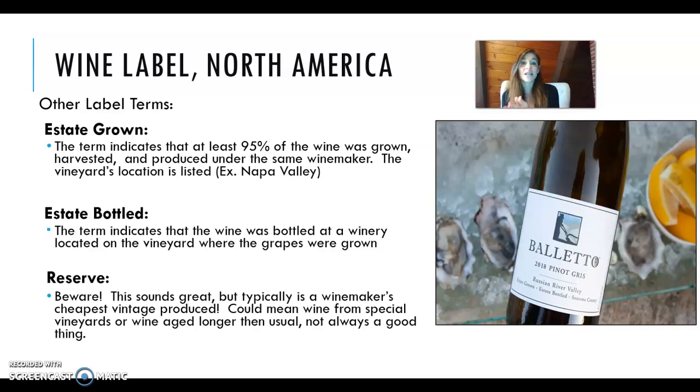So if it says estate grown, the term indicates that at least 95% of that grape was grown and harvested under the same winemaker, typically under the same estate. So they're the vineyard. Now, estate bottled is even a little more tricky. This means that the winery itself has a bottling facility on its premises, on the grounds of the winery, and they actually bottle their own wine. Now, this might not be important to some people.